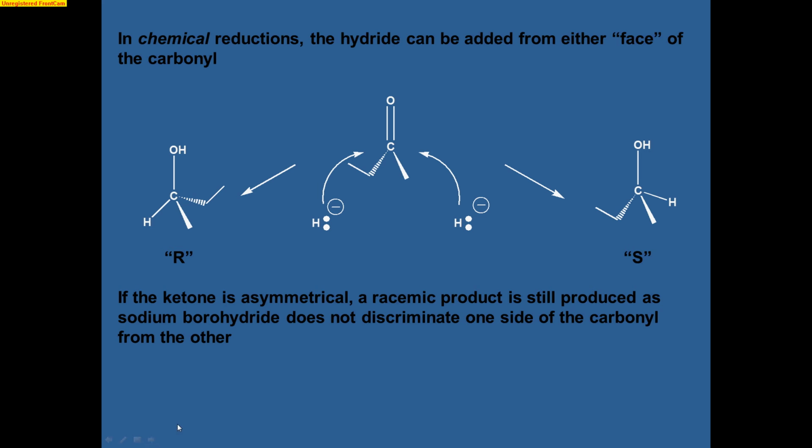So in thinking about this from an organic synthesis point of view, your hydride can approach from either face of this carbonyl, and you can get either enantiomer of the alcohol out.